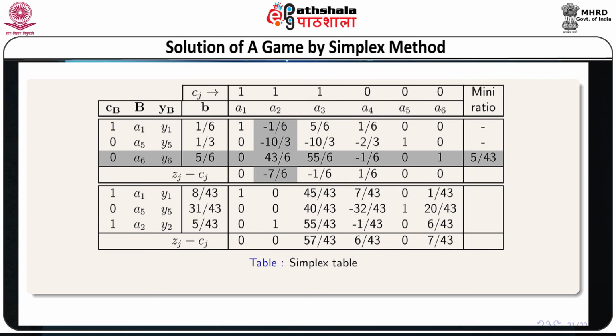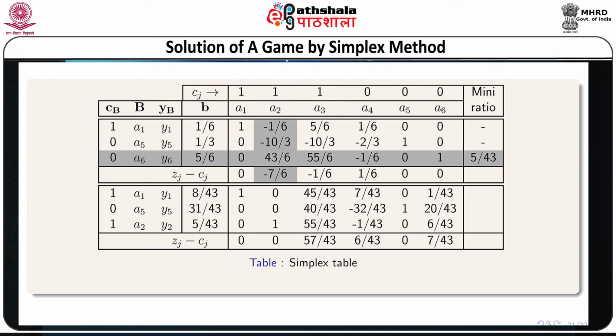Obviously, A2 will be the next entering vector, and since 2 components of this entering vector are negative and only one component is positive, which corresponds to the vector A6, obviously A6 will be the outgoing vector. And then in the next iteration we find that zj minus cj is greater than equal to 0 for all j. That means the optimality condition has been satisfied.